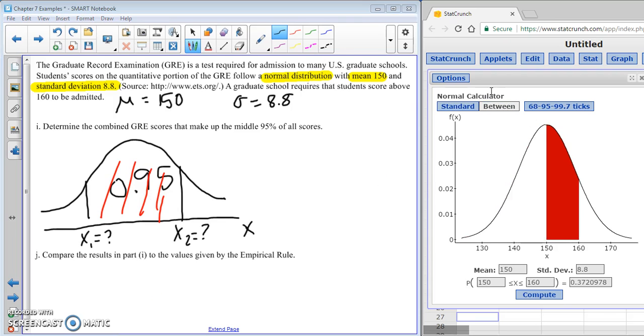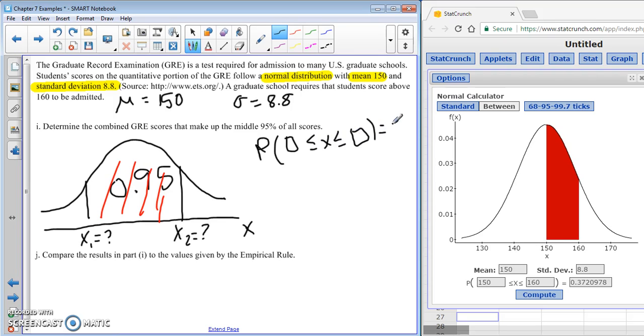So we can use, again, our normal calculator in StatCrunch. And our mean is still 150, standard deviation is still 8.8. So we're looking for the probability of some values, and that is rated by 95.